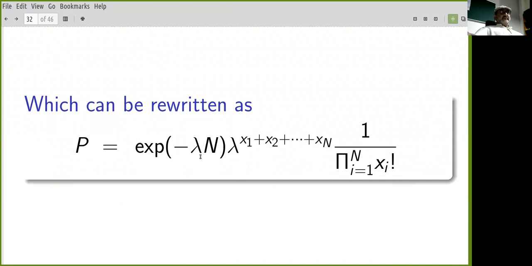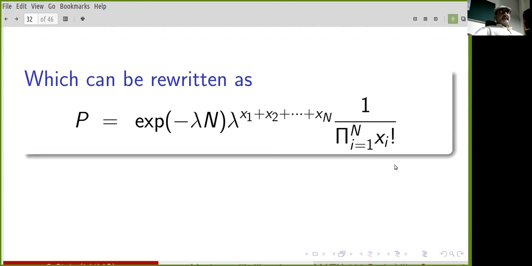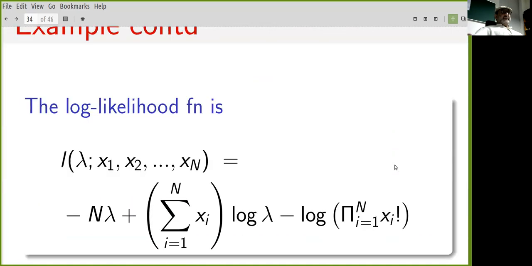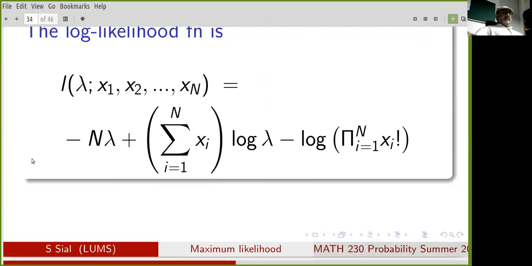And we can rewrite it this way: exponential negative lambda n, lambda to the x1 plus x2, and so on up to the xn, times 1 over the product i equals 1 to n of xi factorial. So this is the likelihood function. Now we take the log likelihood function. We'll get negative n lambda plus summation i equals 1 to n xi log lambda minus log of the product i equals 1 to n of xi factorial.